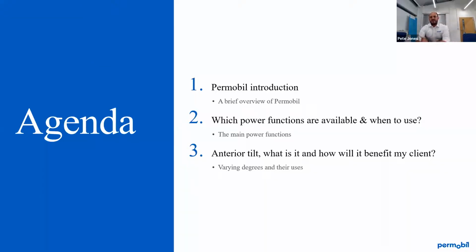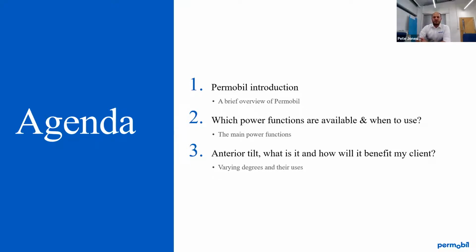So today I've been asked to give you a very high level overview of the power functions that are available on powered wheelchairs, their uses and what benefits these can offer to your users. We'll start off with a very brief introduction to Permobil to give you an idea of Permobil's global reach, our values, and then I'll walk you through the main power functions that are available on the powered wheelchairs, focusing on some of the USPs of Permobil along the way, but mainly generically on which functions are available, what they mean, and the benefits clinically, functionally, and socially that these can offer.